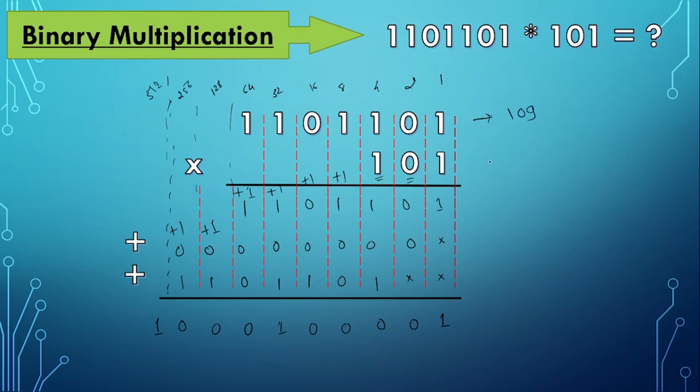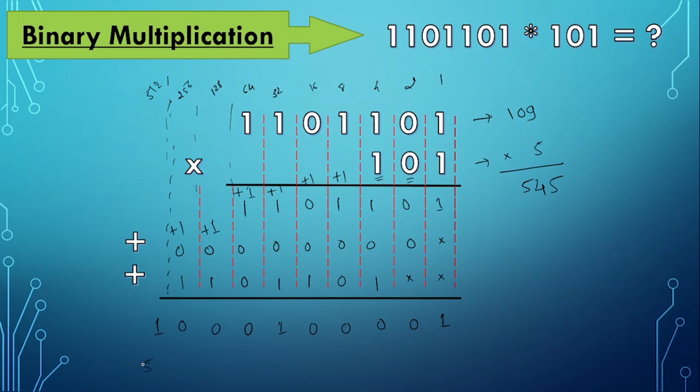Our second number is 4 plus 1, 5, and if you multiply 109 by 5, then you will have 545. Now let us check whether we are getting it or not. So this is 1 plus 32 plus 512.